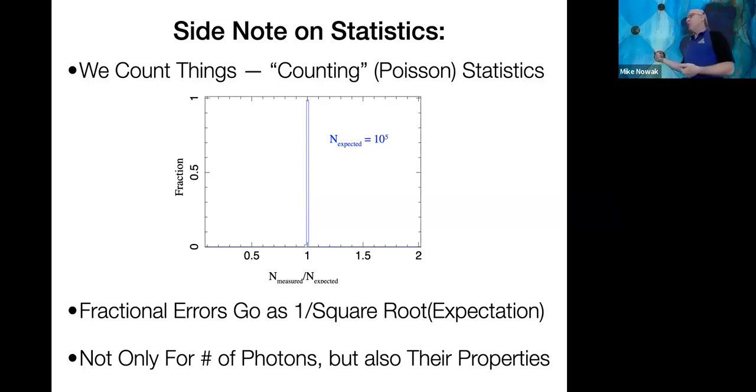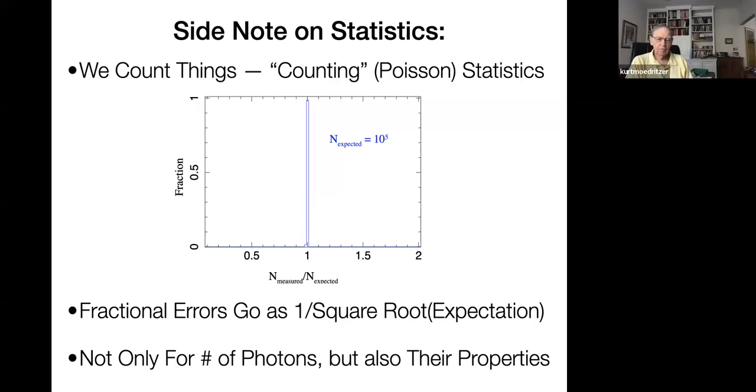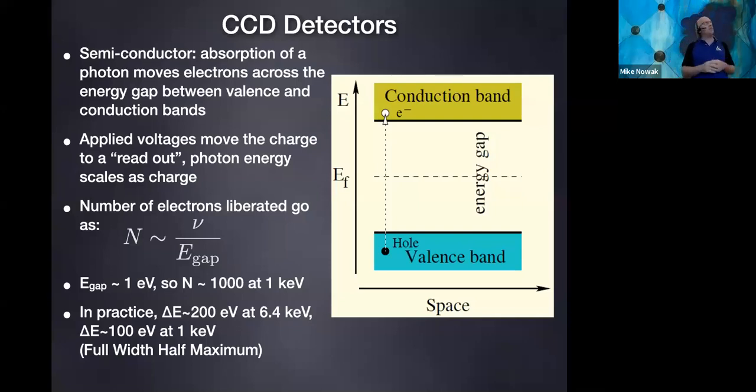But this is not only true for the number of photons that we expect to find. When measuring the properties, we also essentially do counting statistics as well, and that's what affects the width that we see for these features. And that comes from these charge-coupled devices. These CCDs, like in your cell phone, are semiconductors.